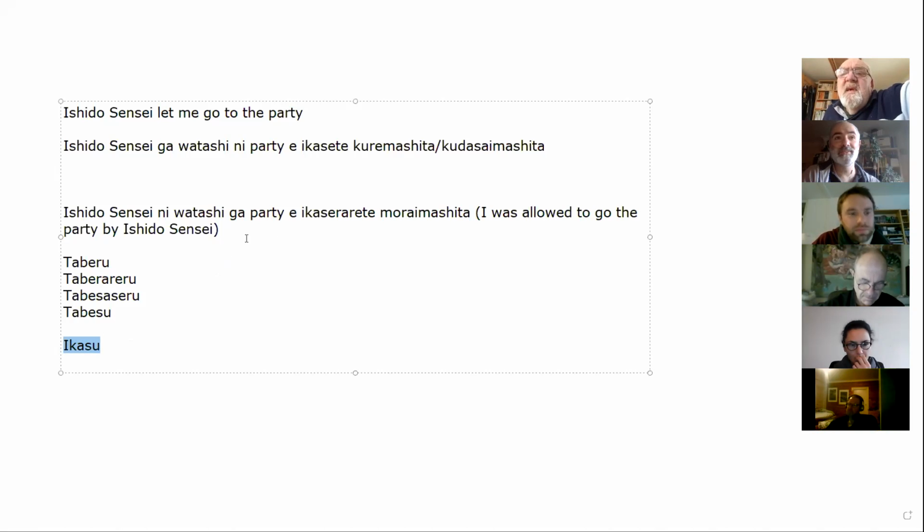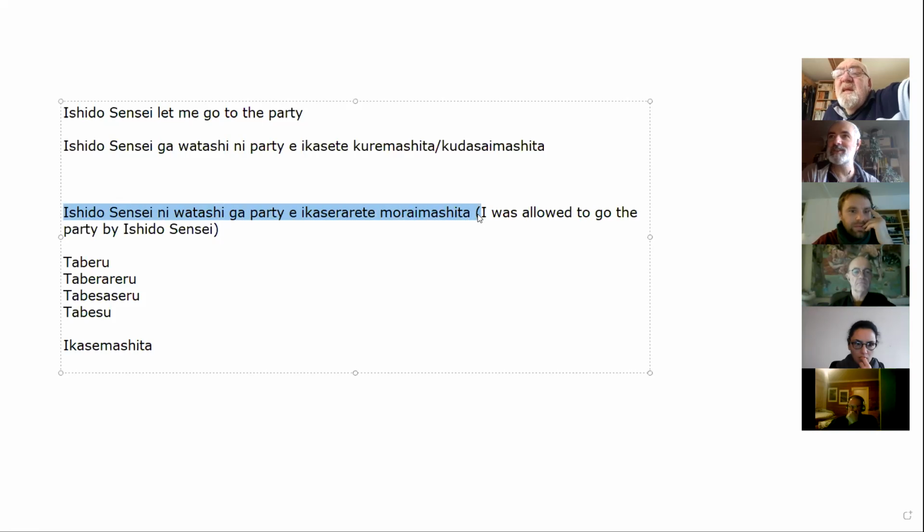You could say ikasemashita, I think means to be allowed to go somewhere. I can't remember it exactly, but it short circuits this problem of making this really complicated triple conjugation of this verb. Yeah, ikashita, I was allowed to go. Or it might mean I allowed somebody to go. I can't remember exactly.